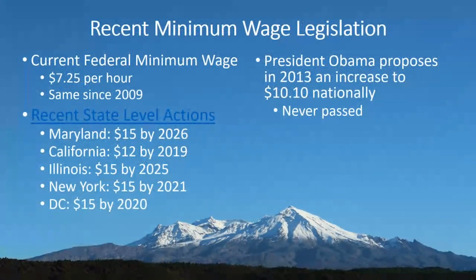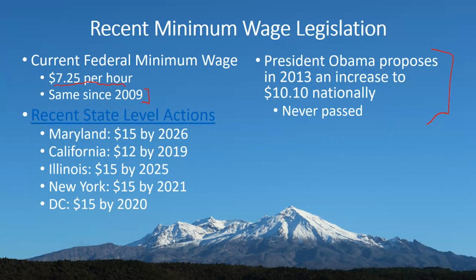All right, let's talk a little bit about minimum wages, where they are today. So the current federal minimum wage has been stuck since 2009 at the rate of $7.25 per hour. There was talk during the Obama administration to raise it to $10.10 nationally, but it never passed. They have not been able in the last 10 or 11 years to actually get a change in the federal minimum wage law.